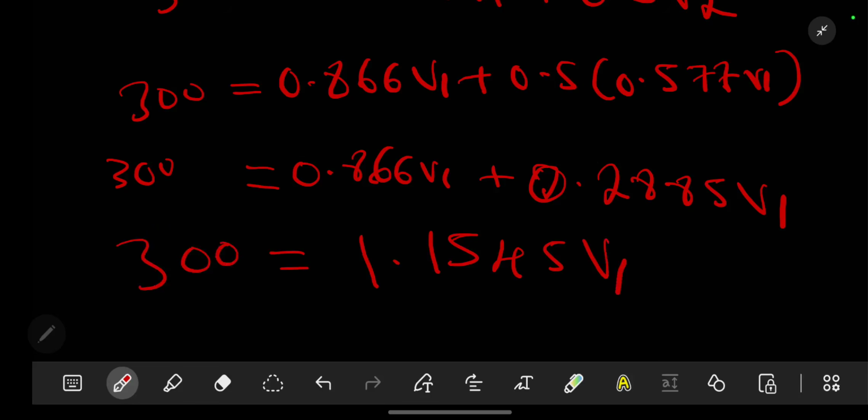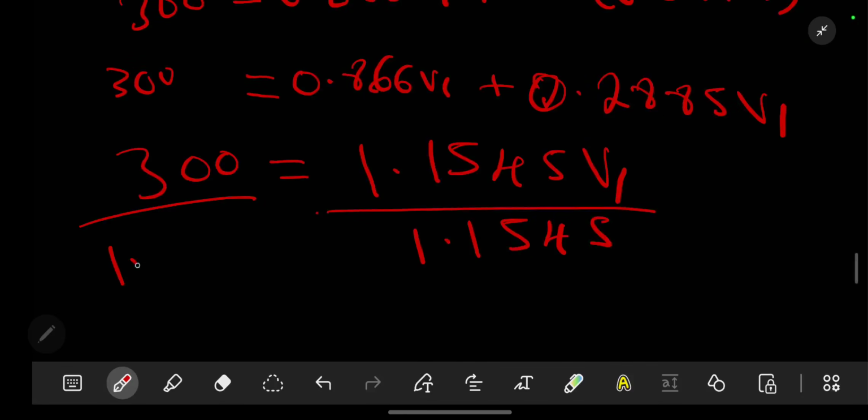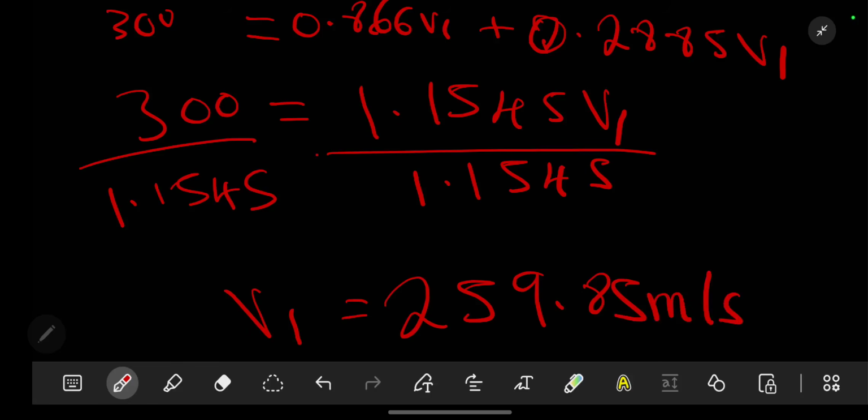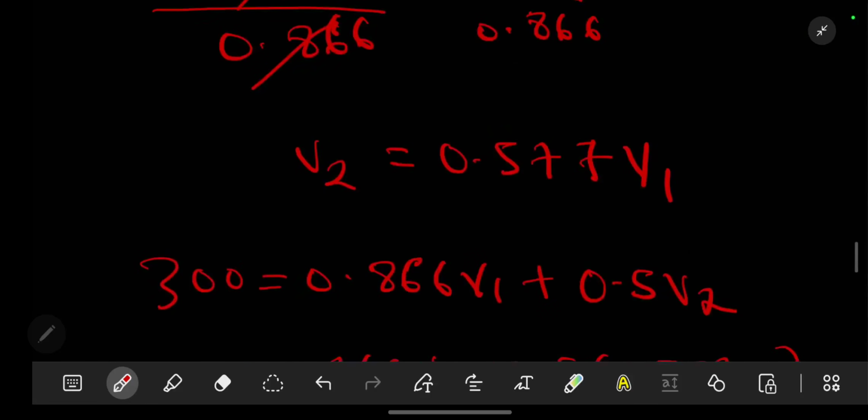We have 300 there. Then we divide by 1.1545, so our V1 will be equal to 300 divided by 1.1545. We are going to get 259.85 meters per second.